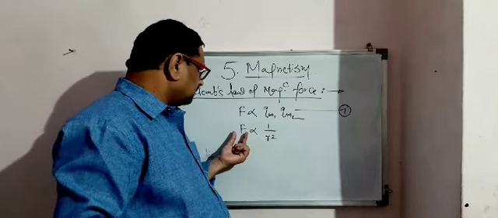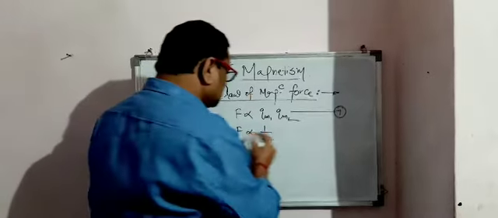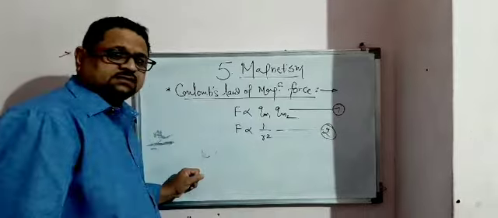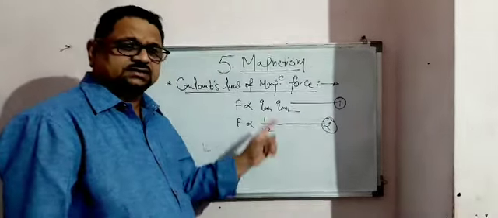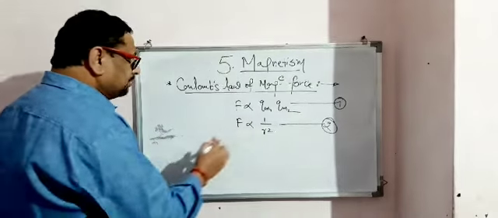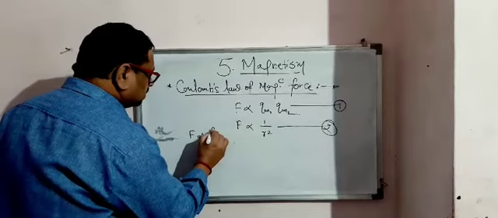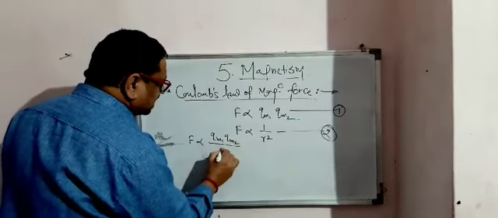So, equation 1: F is directly proportional to qm1 qm2. Second equation: F is inversely proportional to the square of the distance between them, F is inversely proportional to 1 upon r squared. R is the distance. So combining 1 and 2, what will you get? F is directly proportional to qm1 qm2 divided by r squared.